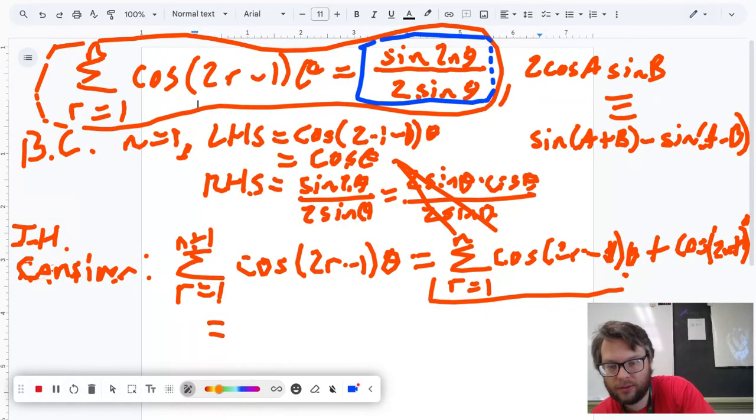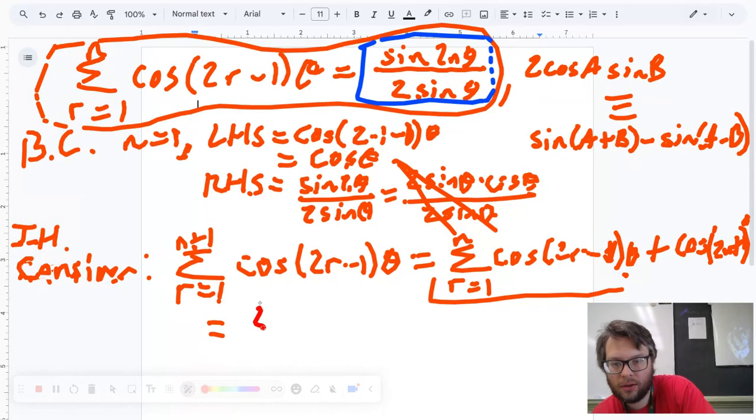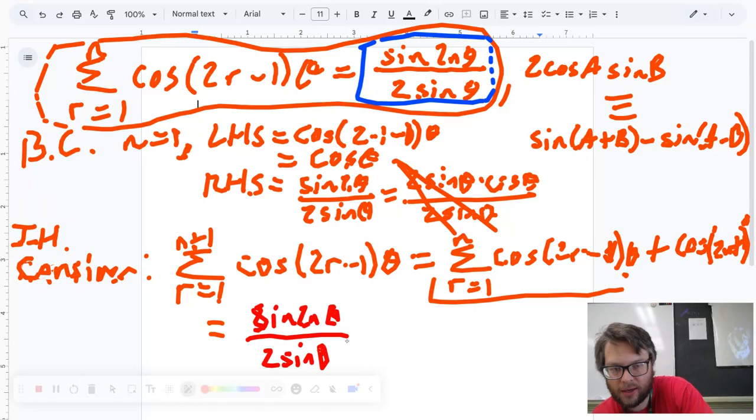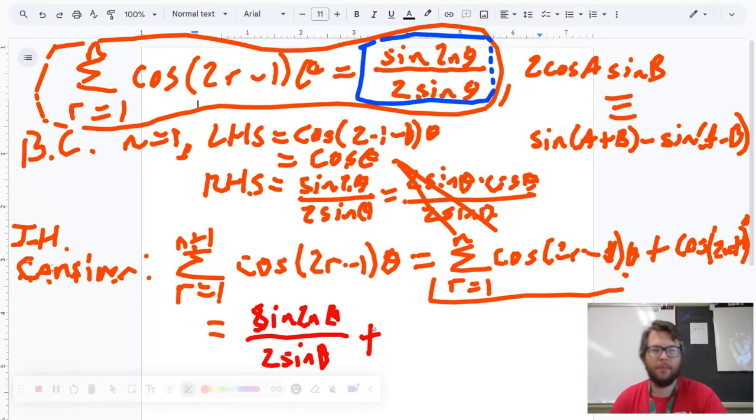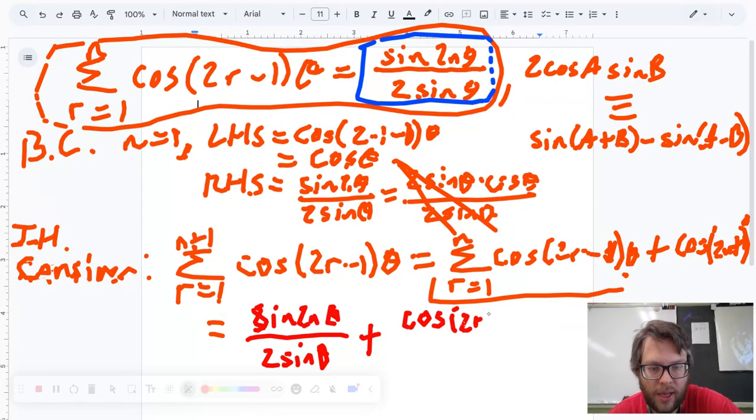So we now have sine of 2n theta over 2 sine theta plus our term number n plus 1, which is cosine of (2n plus 1) theta.